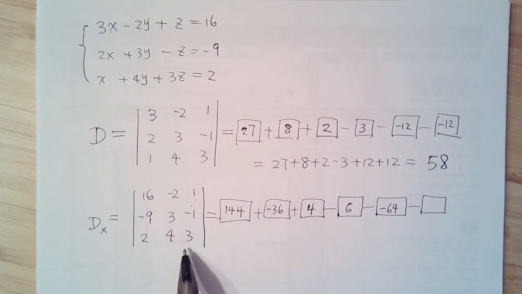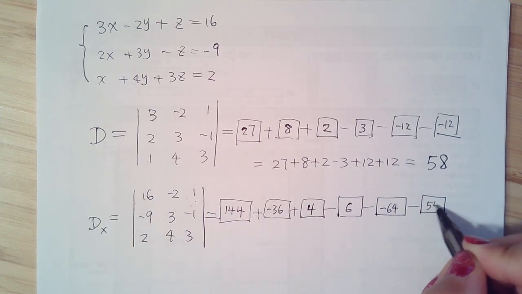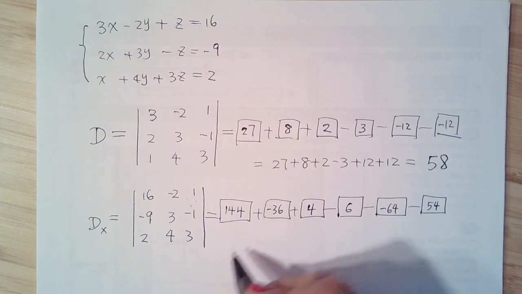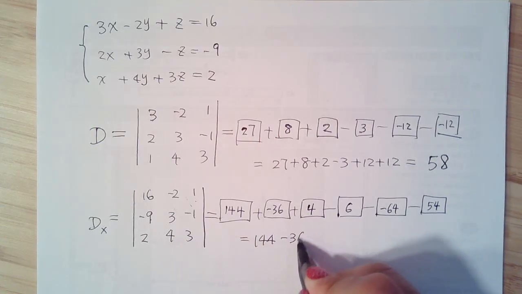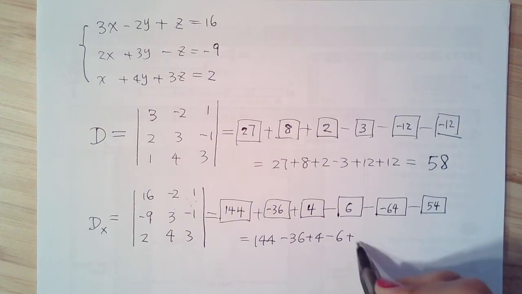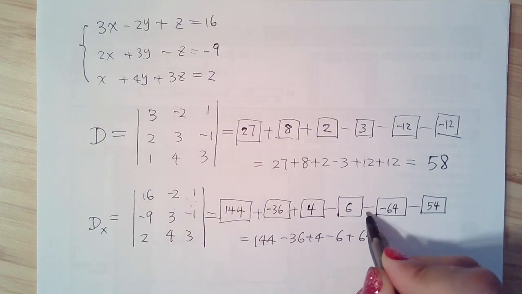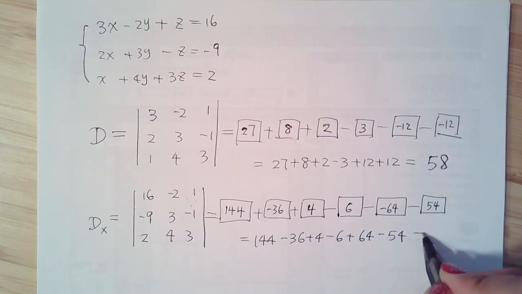And then I'm going to do 3 times 9 times negative 2, which becomes a positive 54. Then I have 144 minus 36 plus 4 minus 6 plus 64, minus negative 54.